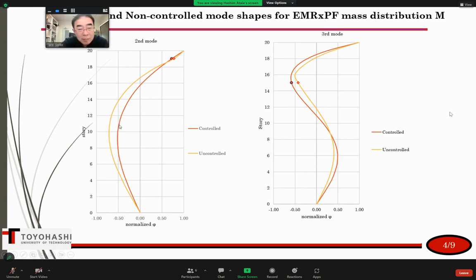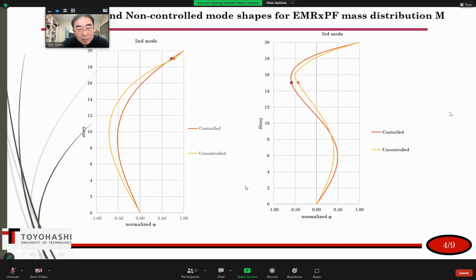The red line is for controlled and the yellow line is for uncontrolled. You can see that the mode shape has changed, but the amplitude doesn't change as much as the location of TMD changes. So the location of TMD doesn't change in both cases, 7 story and 20 story.